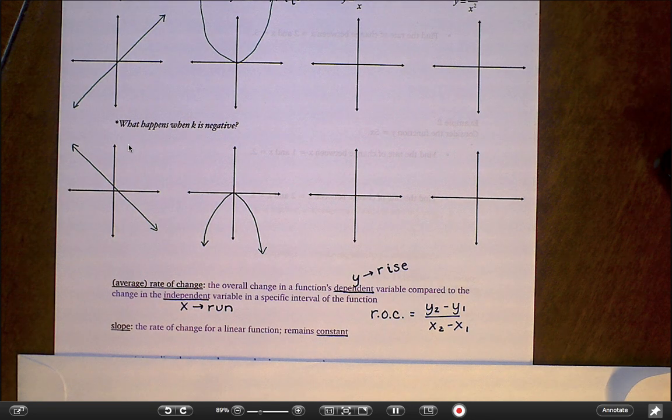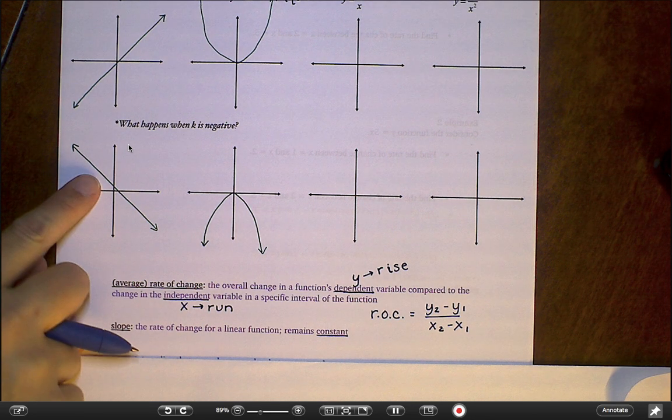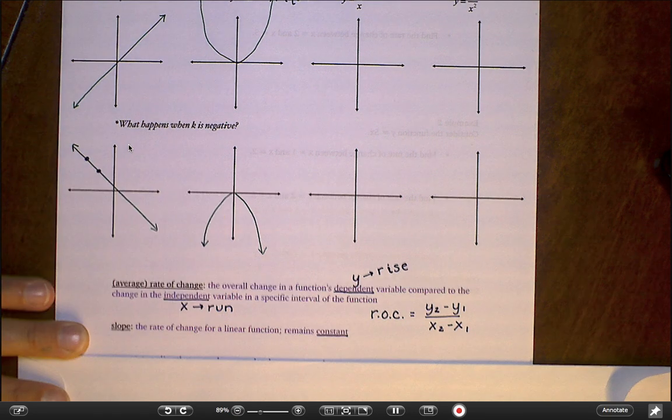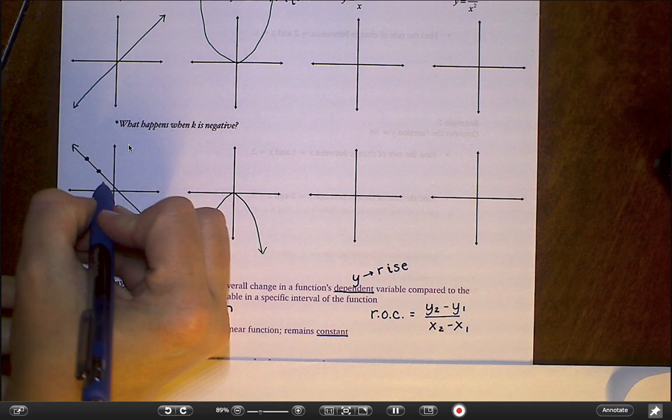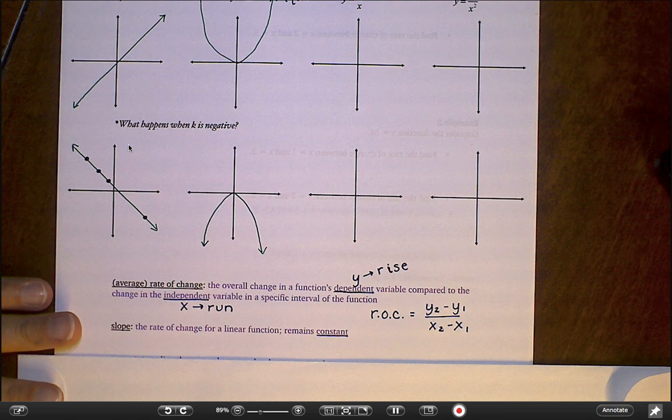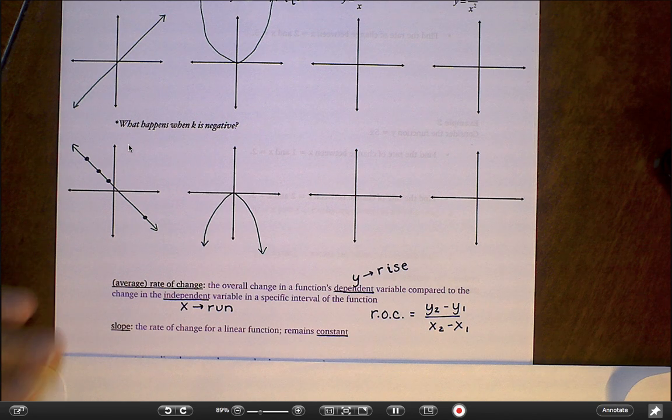Like I said, the difference is on a linear function, if I pick this point and this point and I calculate rate of change, I'm going to get exactly the same value as if I pick this point and this point way down here. It doesn't matter how far apart they are. It doesn't matter if they're right next to each other. I'm going to get the same rate of change no matter which 2 points I pick.